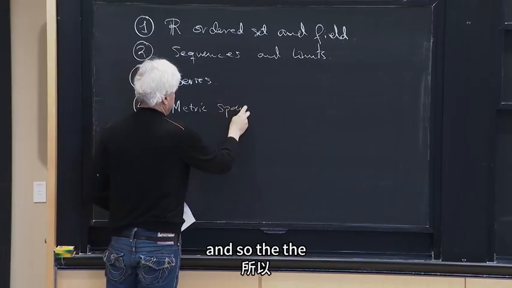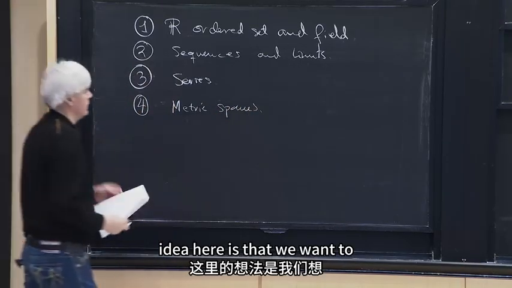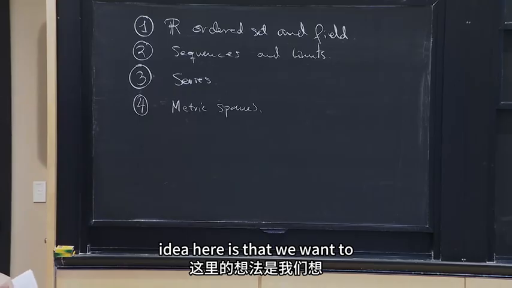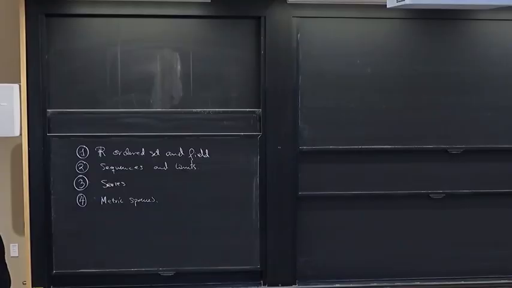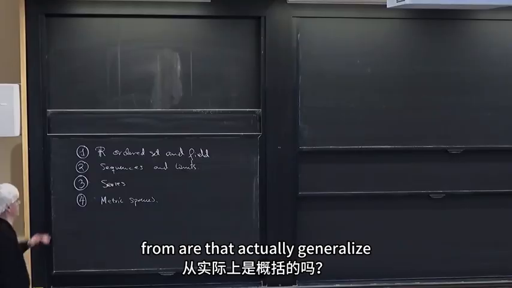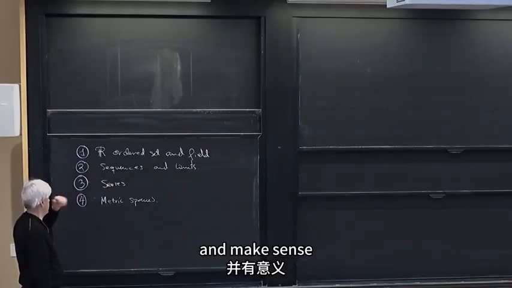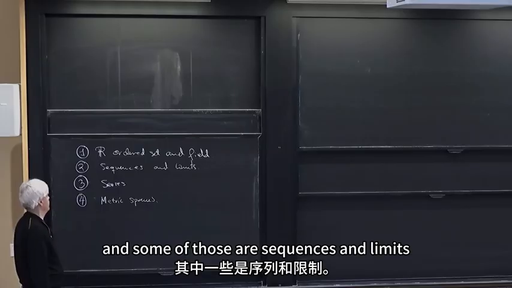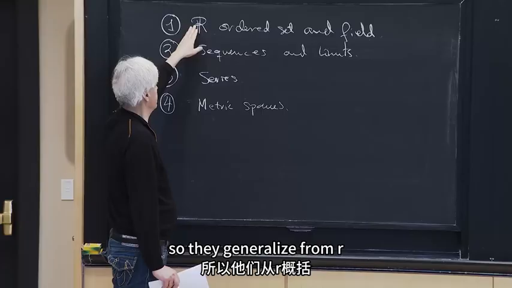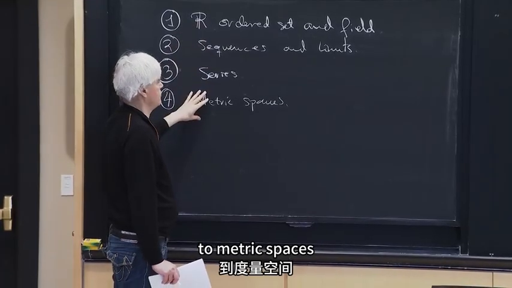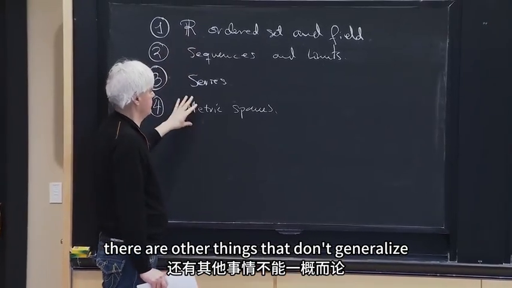And so the idea here is that there are a lot of things from R that actually generalize and make sense. Some of those are sequences and limits, so they generalize from R to metric spaces. There are other things that don't generalize.